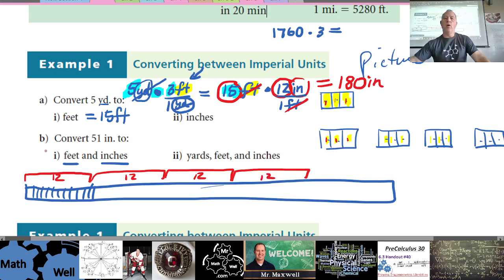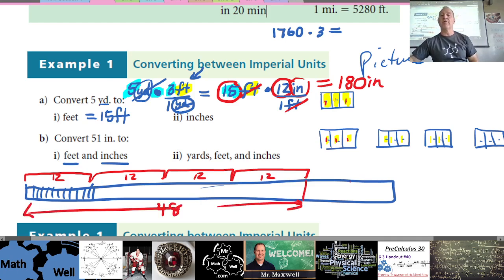So how many full groups of 12 do we have in 51? Do we have 4? Okay. Because 4 groups of 12 is 48, a number that's just under 51. That's really close. So you're right, we have 4 groups of 12. And then how many would we have left over? Because 4 groups of 12 gets us to 48 inches, right?